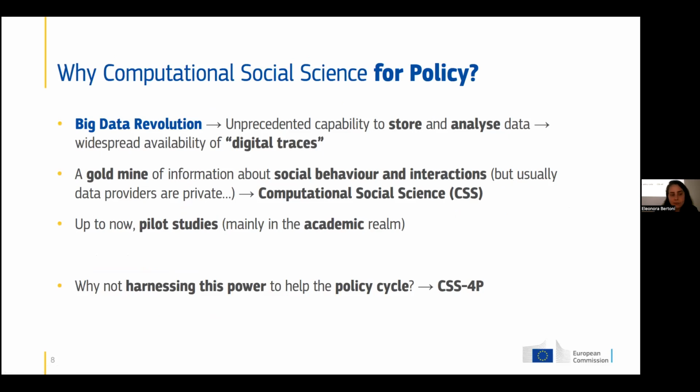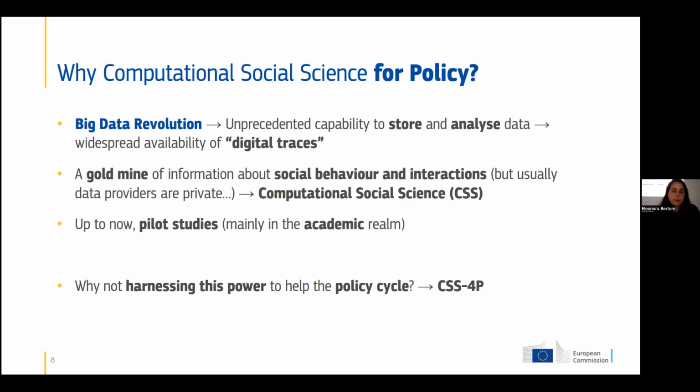After understanding what computational social science is, why do we want to go down this road? After the big data revolution, which is not really a novelty anymore, an unprecedented capability to store and analyze data became available to social scientists.